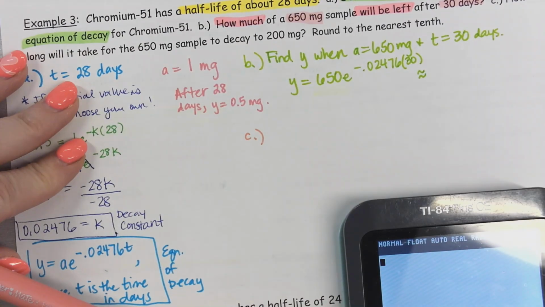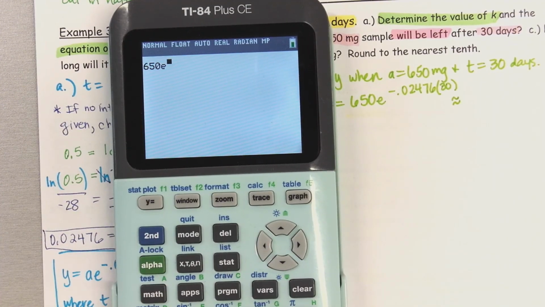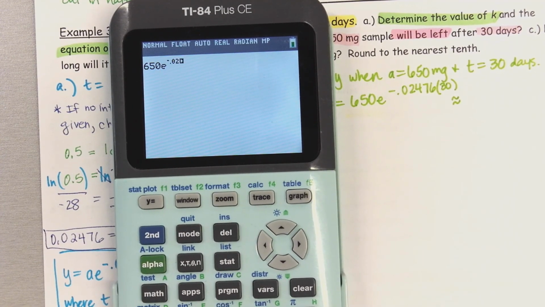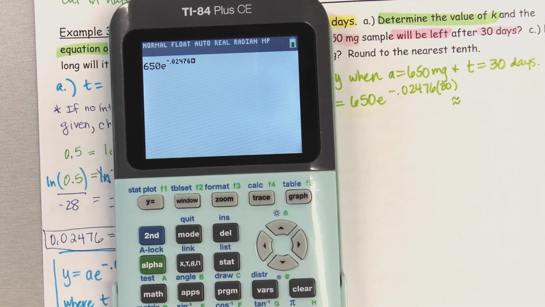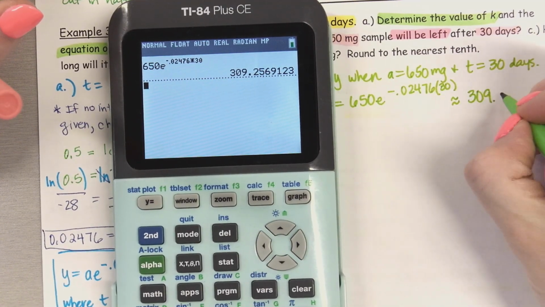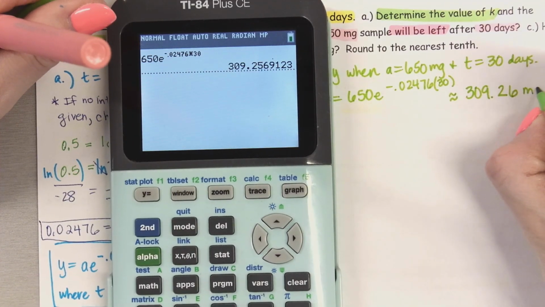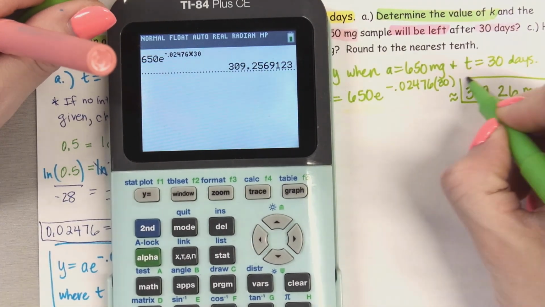Let me see what you're getting. All right. And when it doesn't say what to round to on your homework, you can decide. So if you rounded to the nearest tenth for this, that's okay. And then this is going to be milligrams because it's the amount.